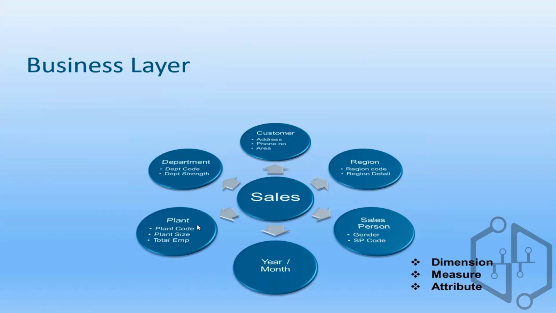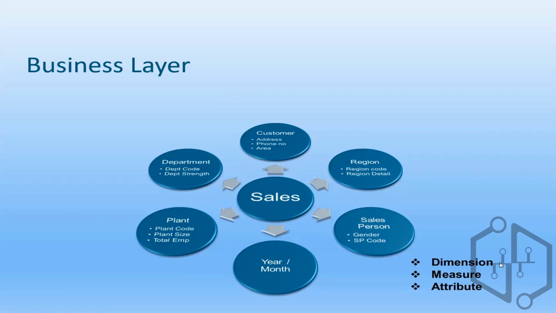If we are creating a plant class, it has information like plant code, plant size, total employees, department code, department strength. So these are all the business layer. We will create all these objects so that we can consume them in the reporting layer to show a meaningful report. Here, as you see, dimension, measure, attribute.